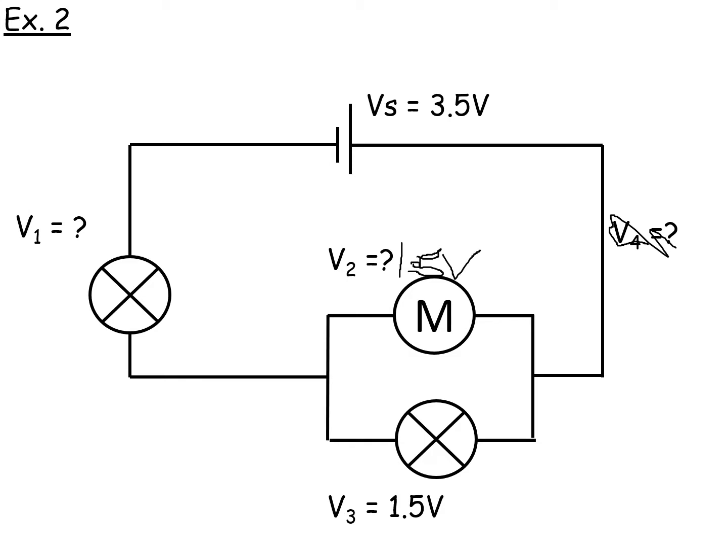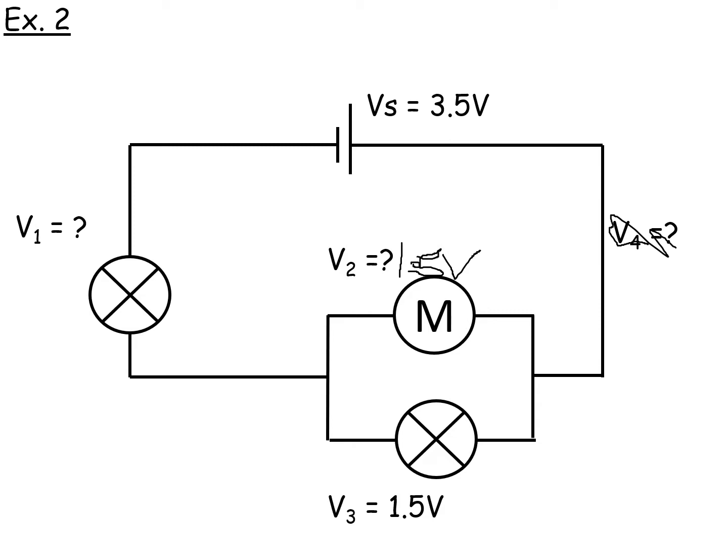Now notice the difference from current. Before, in current, we couldn't really say what the current through the motor and the bulb were unless we knew one of them. But here we don't need to bother because voltage is the same everywhere in a parallel circuit. So that's the nice thing about voltages.